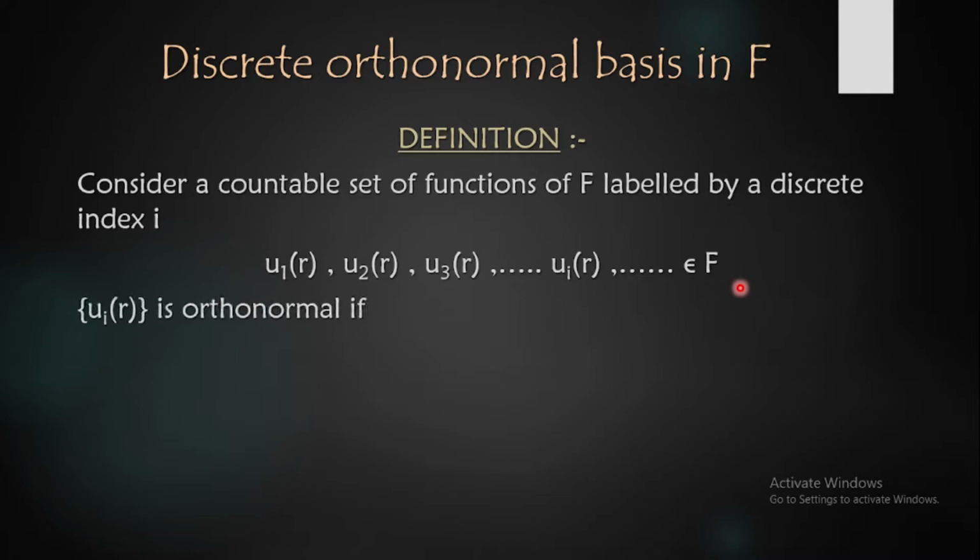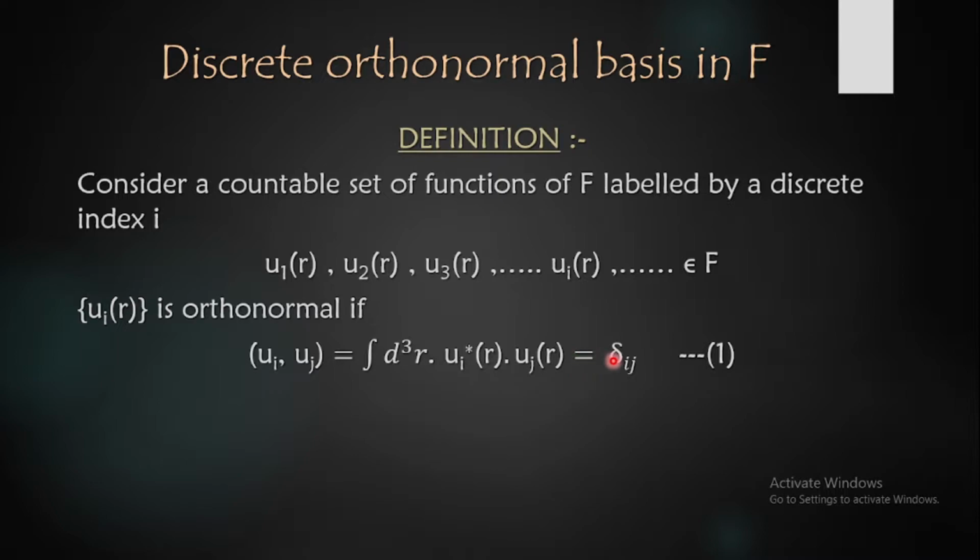Then the set ui of r is said to be orthonormal if the inner product of ui with uj, which is shown in integral form as the integration of ui star into uj into d cube r or d tau, is equal to delta ij.